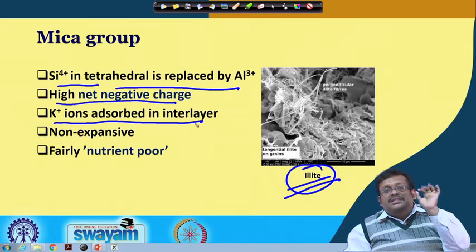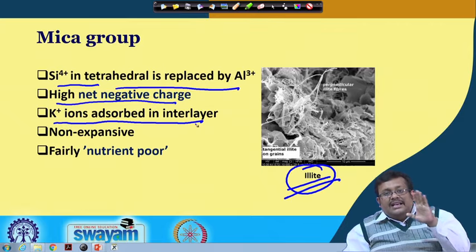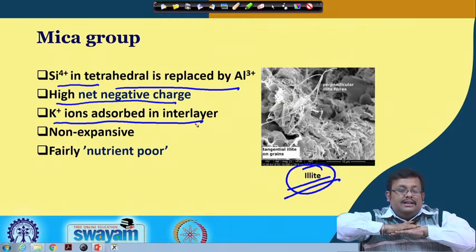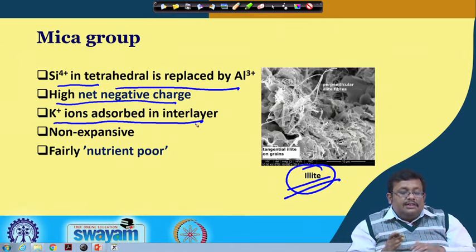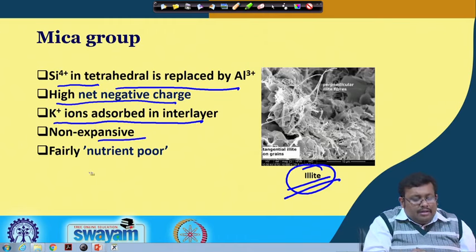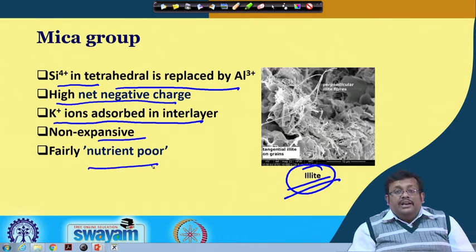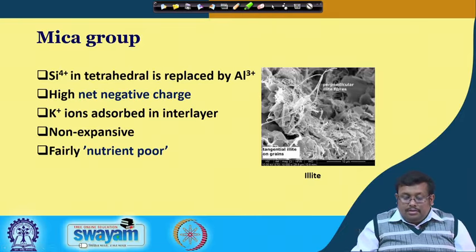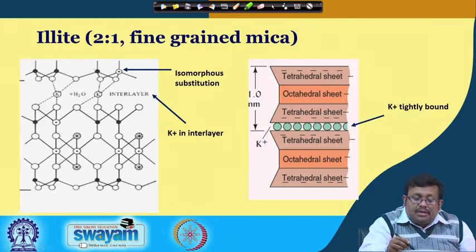These potassium ions are very small in size. As a result, there will be very little space in the interlayer, and so they are non-expansive, and they are fairly nutrient poor in nature. So, this is the structure of illite.